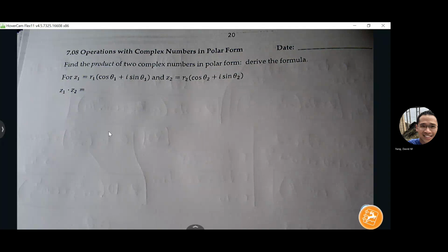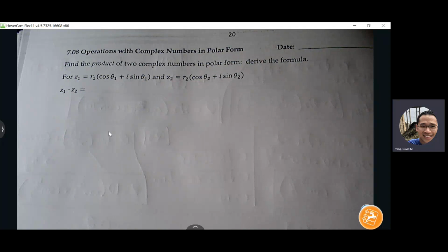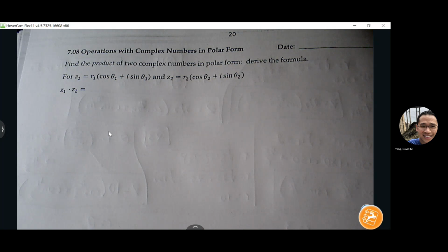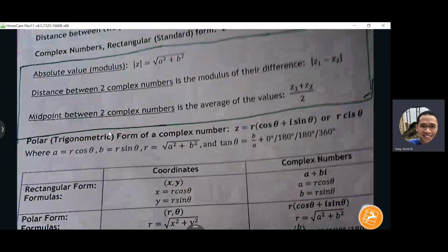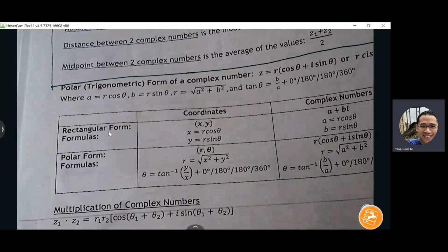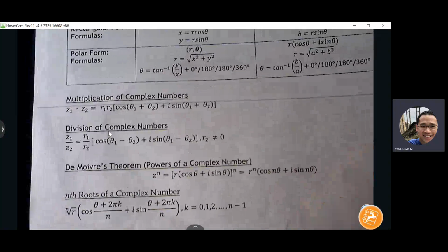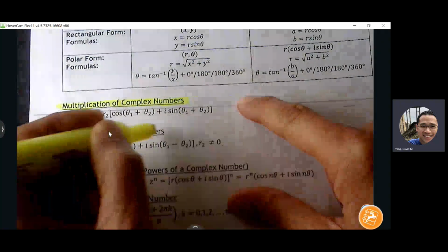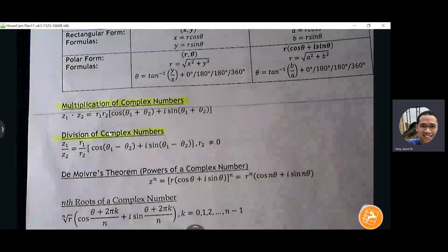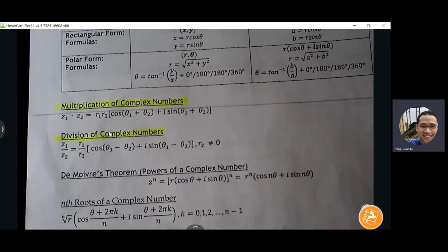Okay, I think you're gonna find these two sections pretty straightforward because you're just taking the information that we've already learned and putting it into these formulas. If you look on the back of your calendar, you're gonna see these formulas that we're really just working towards. It's the bottom third of the page. We have multiplication of complex numbers and division of complex numbers, and we're just basically putting this into the form because we know how to get from rectangular to polar, from polar to rectangular.